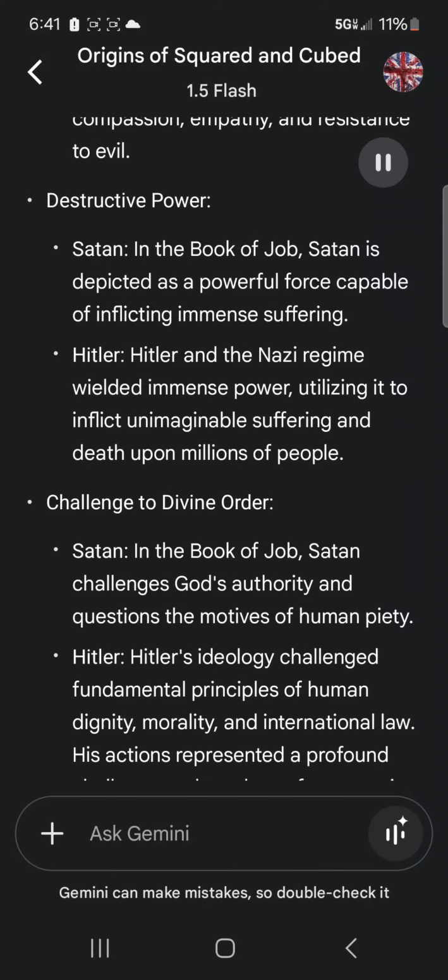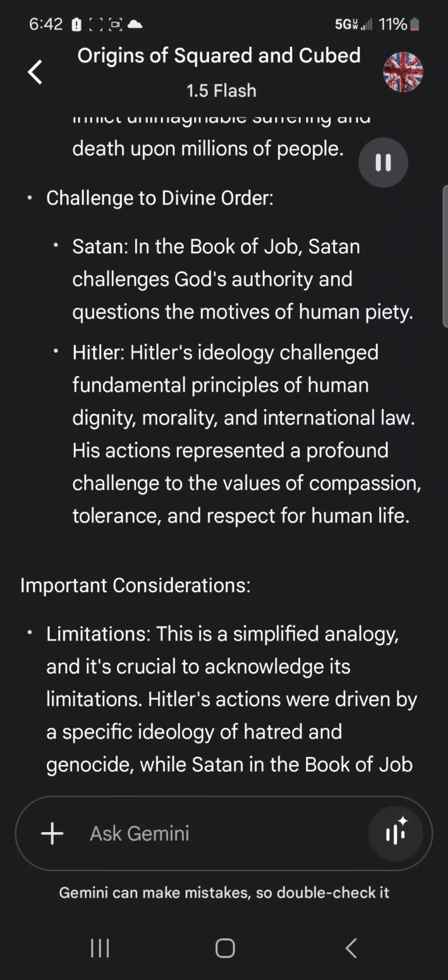Destructive power. Satan. In the book of Job, Satan is depicted as a powerful force capable of inflicting immense suffering. Hitler and the Nazi regime wielded immense power, utilizing it to inflict unimaginable suffering and death upon millions of people. Challenge to divine order. Satan. In the book of Job, Satan challenges God's authority and questions the motives of human piety.